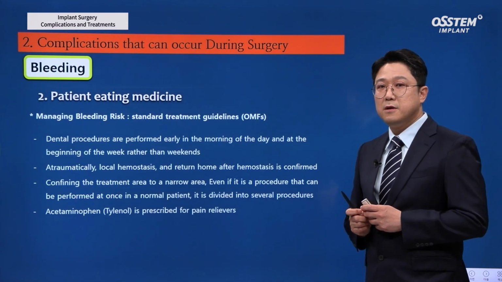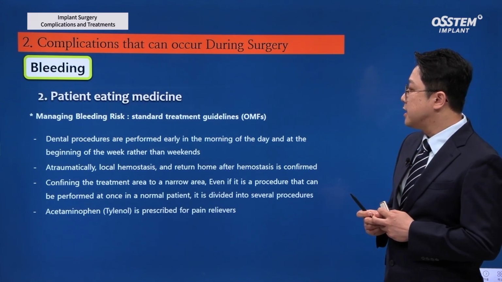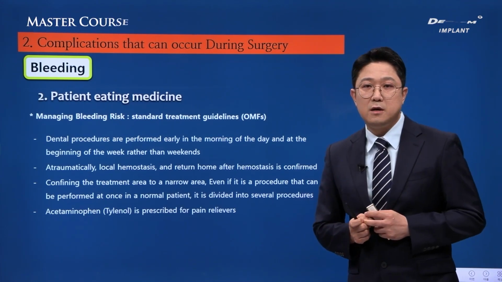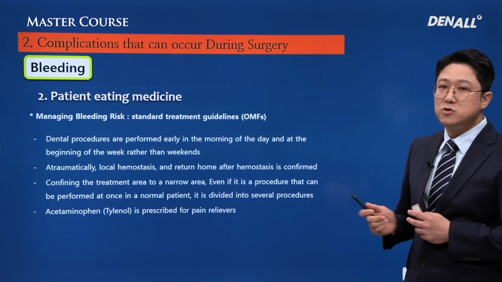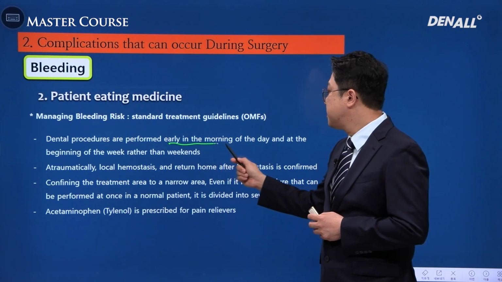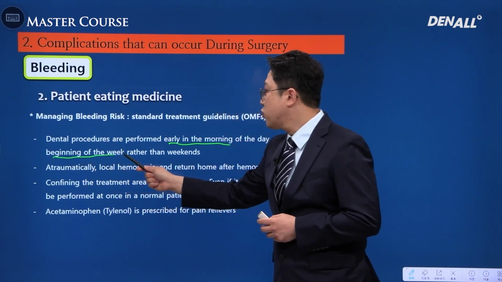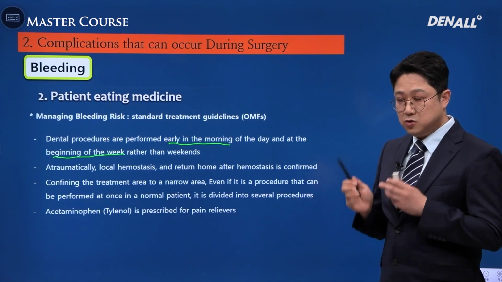In the Oral Maxillofacial Academy, there were guidelines projected about how to treat patients with potential bleeding tendency. The recommendation is for dental procedures to take place early in the morning and in the beginning of the week rather than weekends.